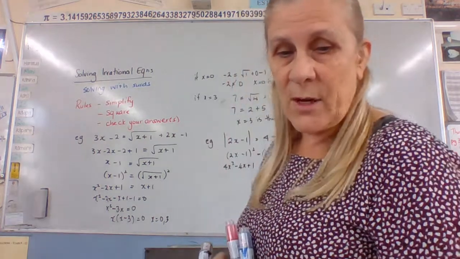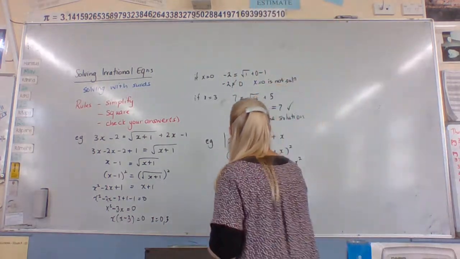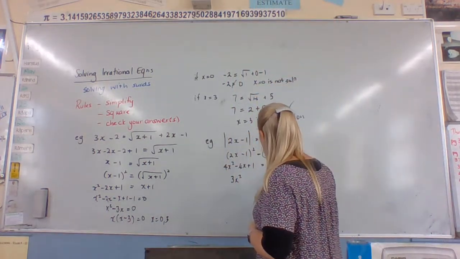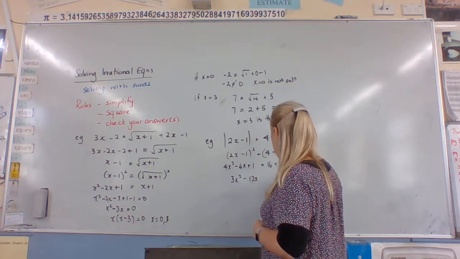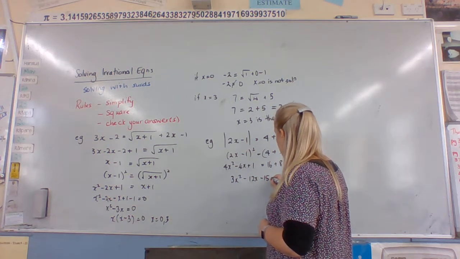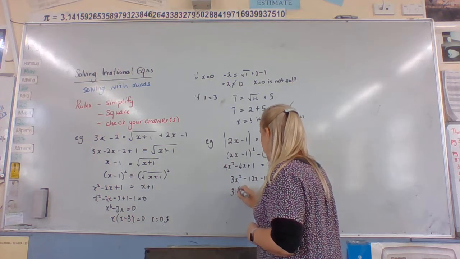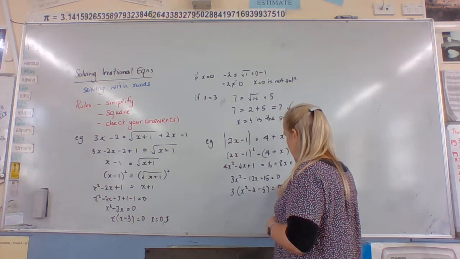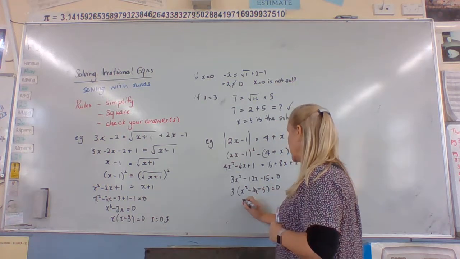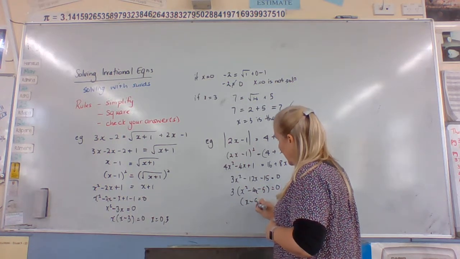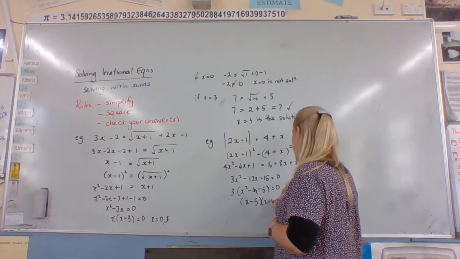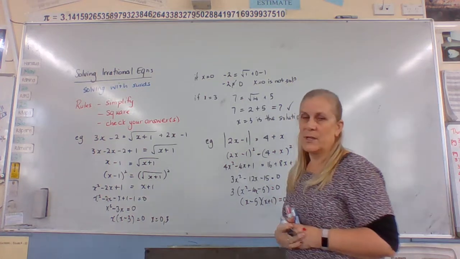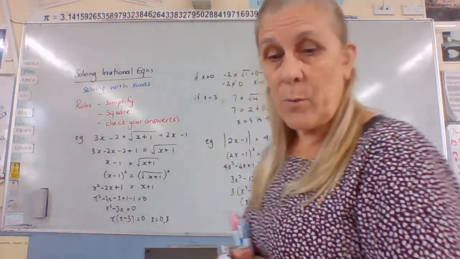So taking everything over that side, we get 3x squared minus 12x minus 15 equals 0. Take a common factor of 3 out because it's not helping us. I forgot my x. So x can be 5 or negative 1, or can it? That's the question. So we need to test for 5 and negative 1.